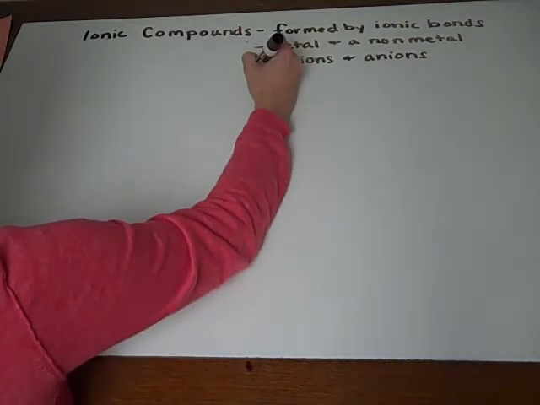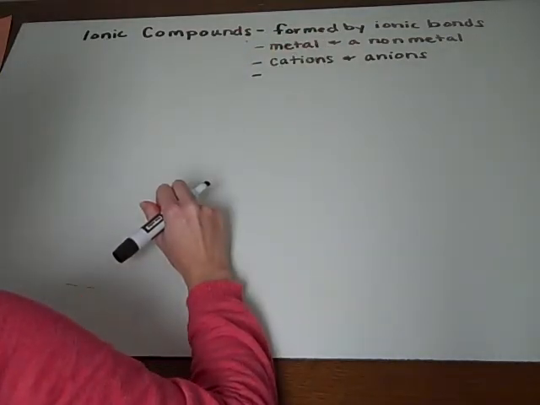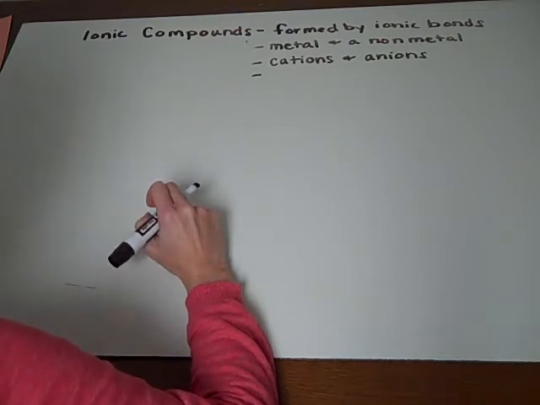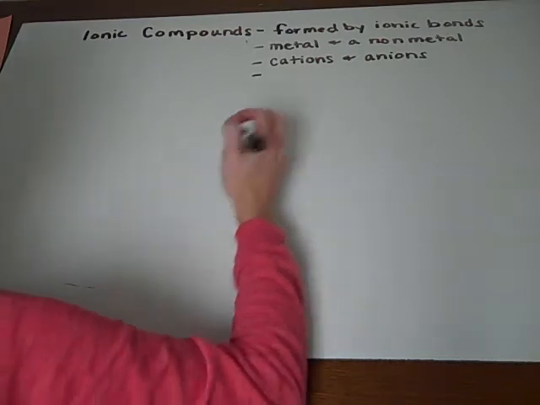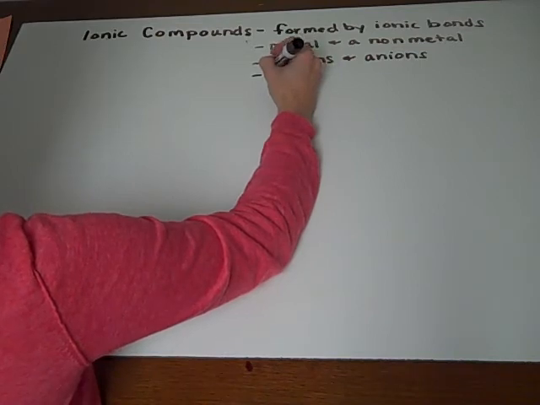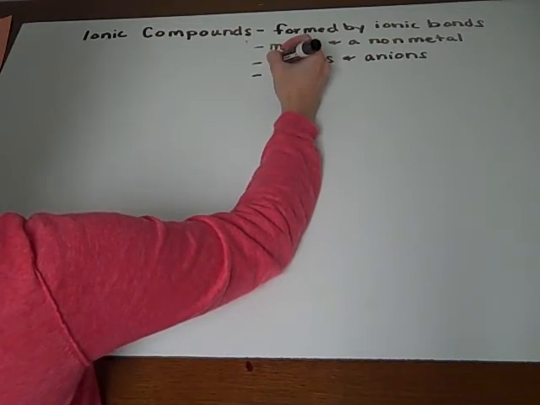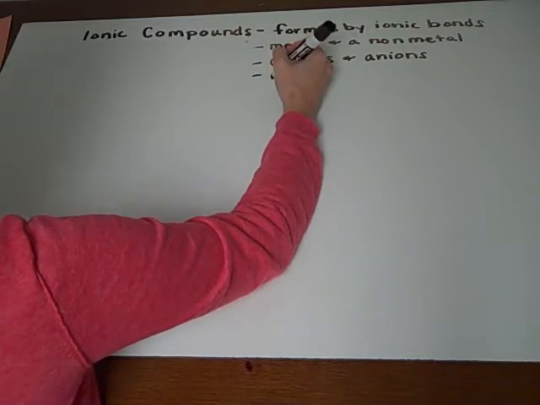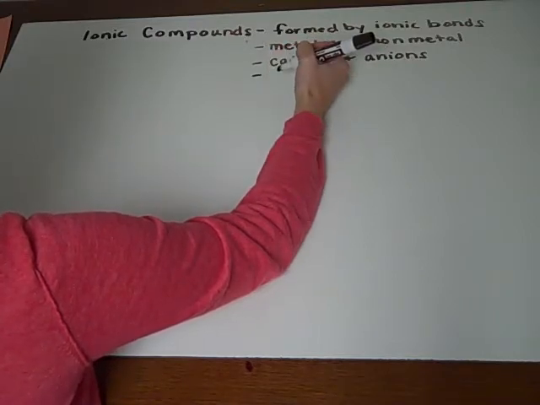And we've talked a lot about Lewis dot diagrams and molecular compounds and sharing of electrons with covalent bonds, but ionic compounds are the other type of bonds. And remember, our octet rule says that atoms can gain, lose, or share.